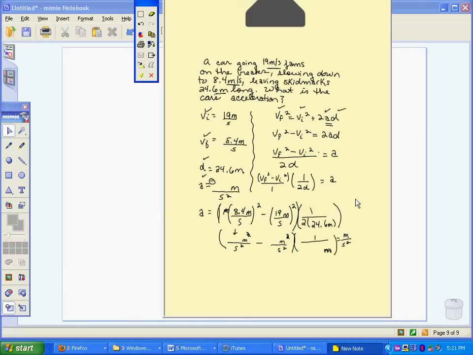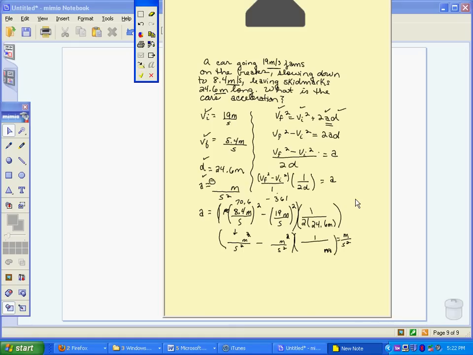Now, I'm going to worry about my numbers. 8.4 squared gives me 70.6. 19 squared gives me 361. So 70.6 minus 361 gives me a negative 290.4.